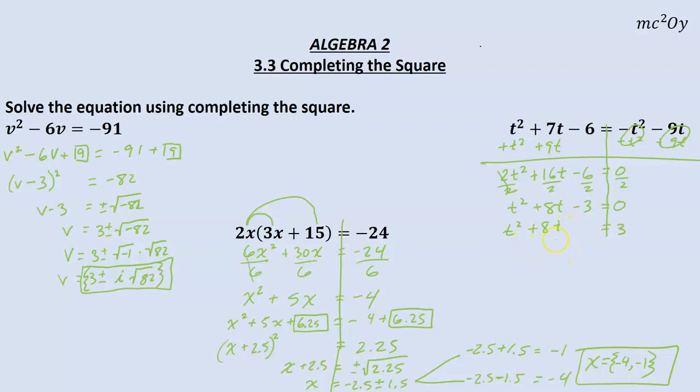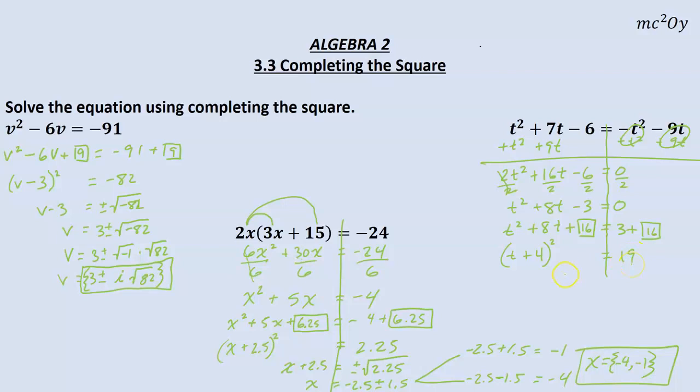So I'm asking myself, t squared plus 8t plus what is going to equal 3 plus what? I want to make that a perfect square trinomial. So we'll take half of 8, which is 4, and square it, which is 16, and 16. That means all of that equals 19.